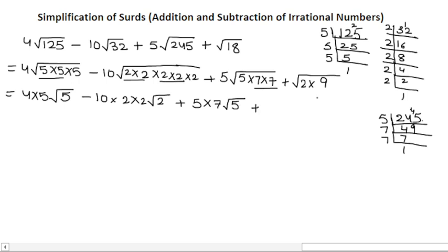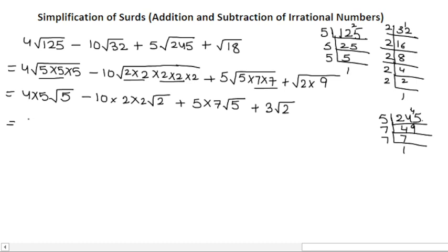Plus. I have used a different method here. I have not written it as prime factors. I've explained that already. The square root of 9 is 3. So I get 3 root 2. You can either use the complete prime factorization method or split a number into its primes and a product of its perfect squares.